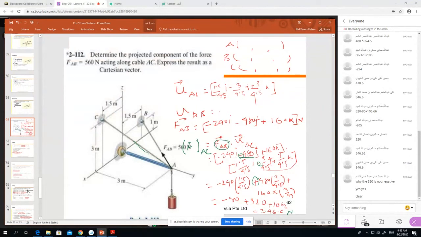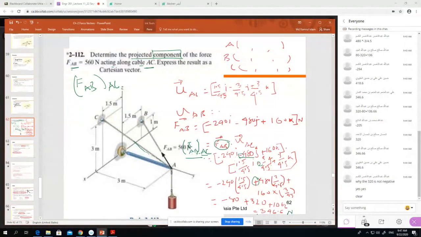That means FAB is a component of FAB in the direction of AC, that's what is acting along AC. Determine the projected component of the force AB along AC. So we write it this way: the force AB along the AC.